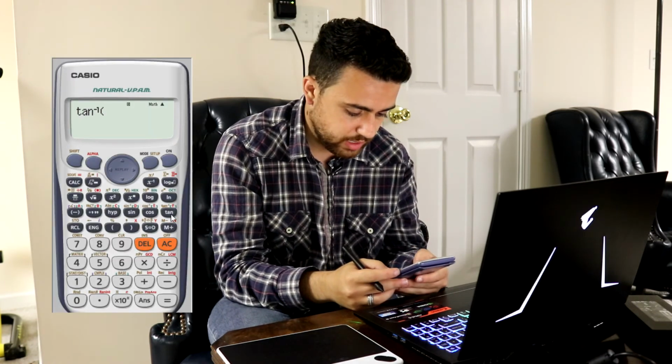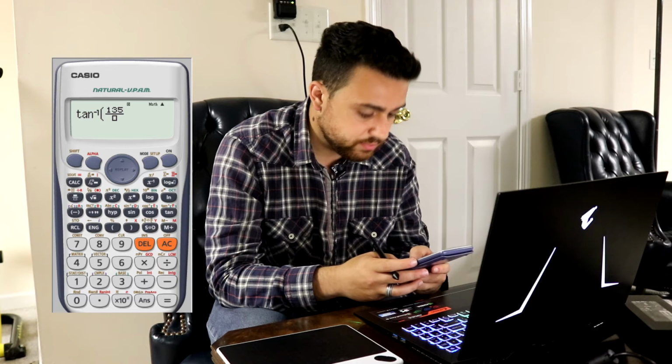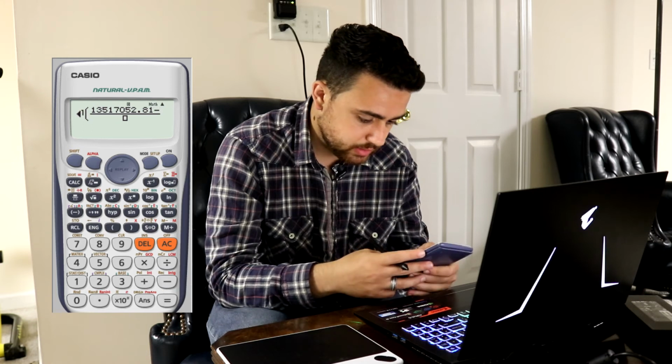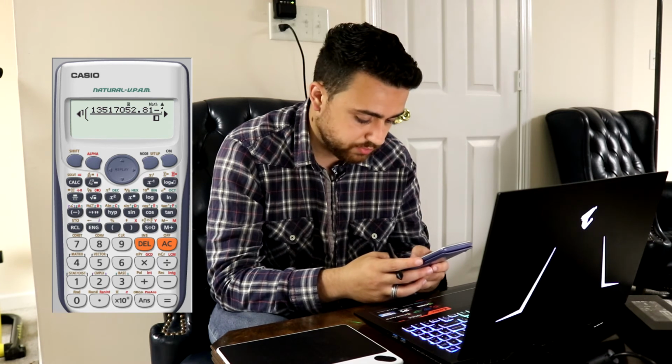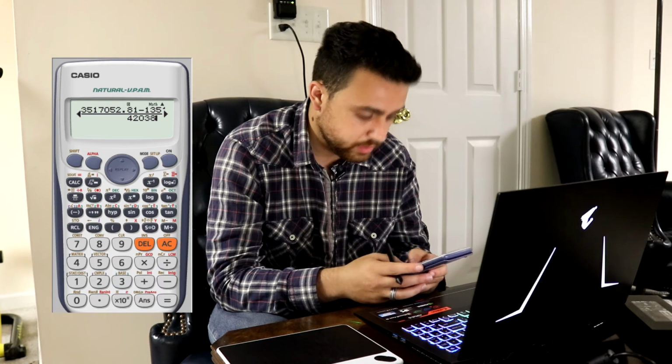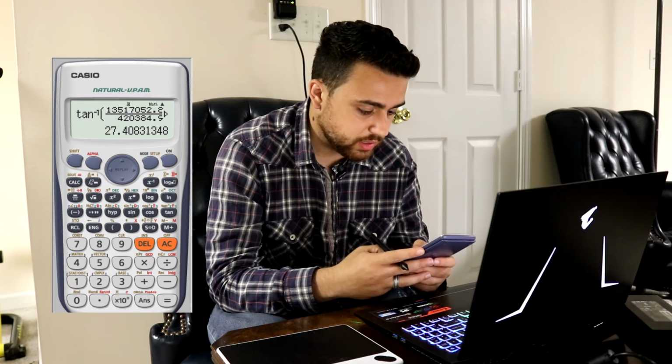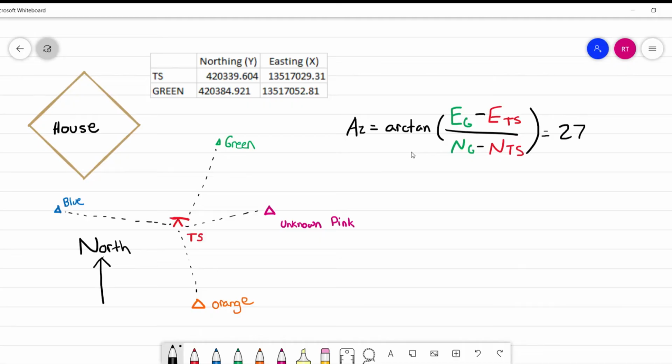So the arctan of the easting of green, which is 13517052.81, minus the easting of the total station, which is 1351729.31, and then we divide that by the northing of green, which is 420384.92 minus 420339.60, and that gives us an answer of 27.408.